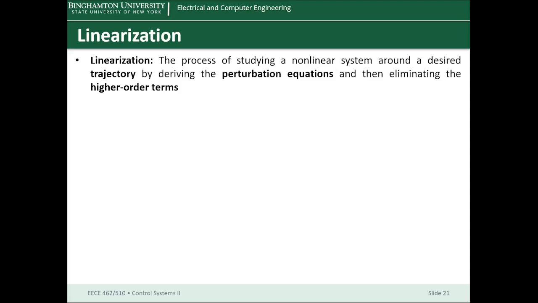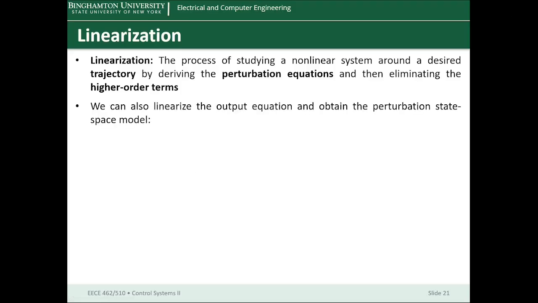Okay, now I want to define linearization. Linearization is the process of studying a nonlinear system around the desired trajectory by deriving the perturbation equation and then eliminating the high order term. That is what we have done until now. We can also linearize the output equation and obtain the perturbed output equation, and these two together give us the linear perturbation state space model.